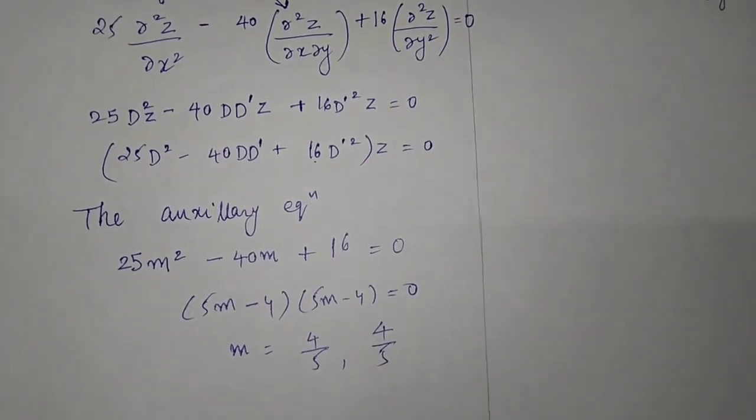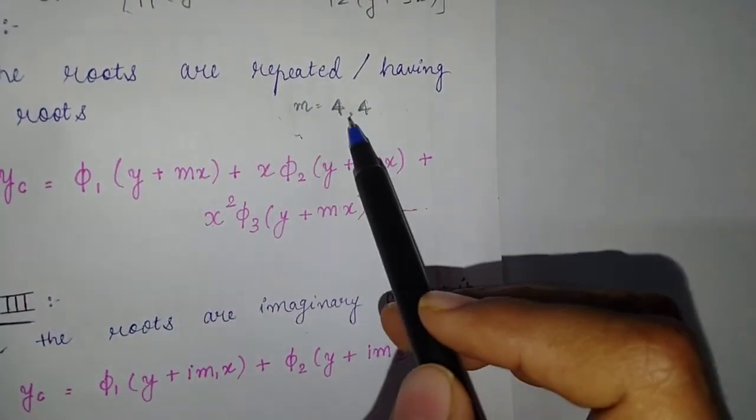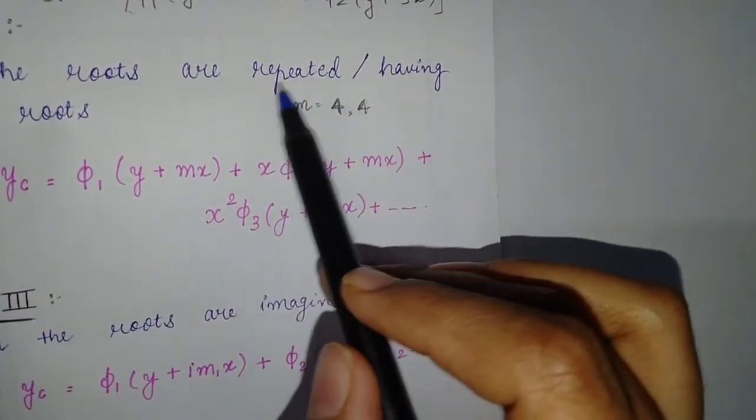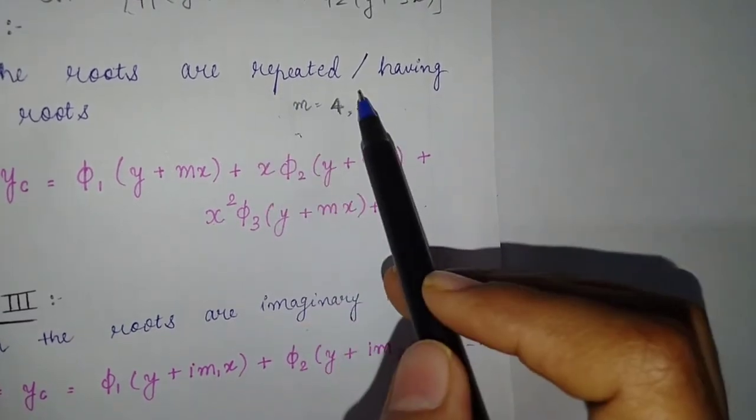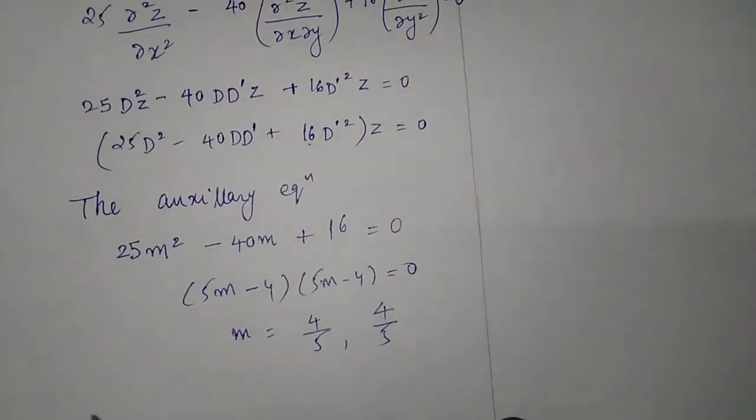Now you can see that here the roots are repeated. The roots are 4 by 5, 4 by 5. The roots are equal, that is, they repeat. So we will use case number 2. Okay.